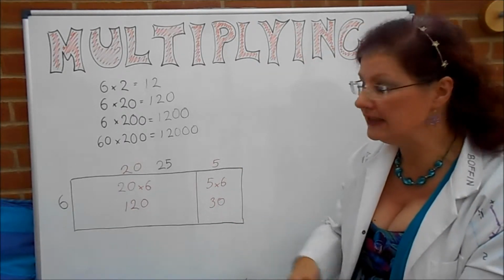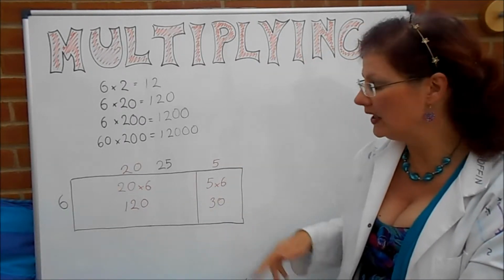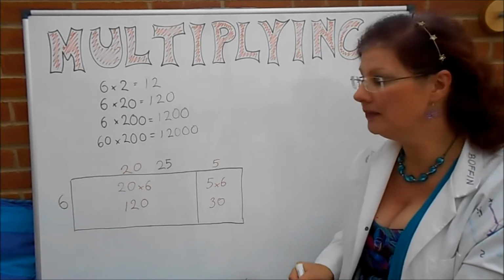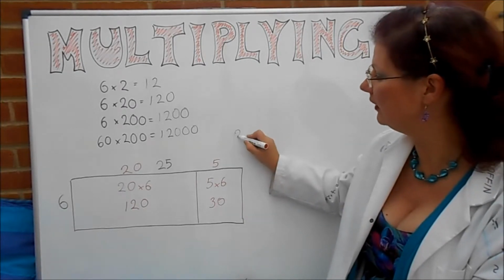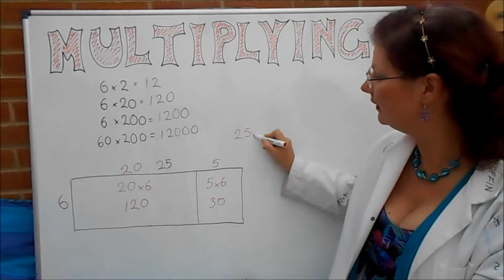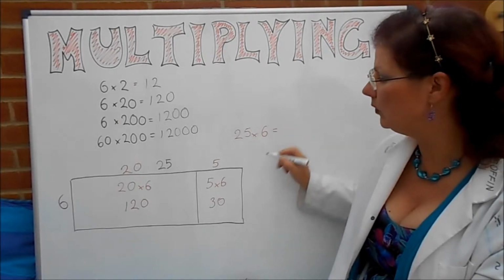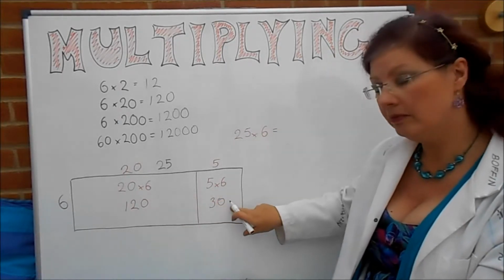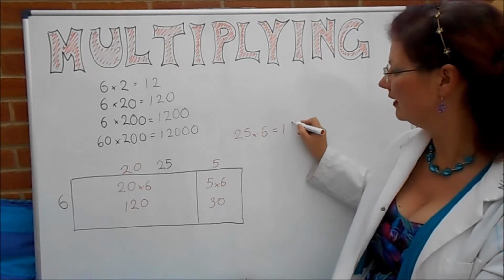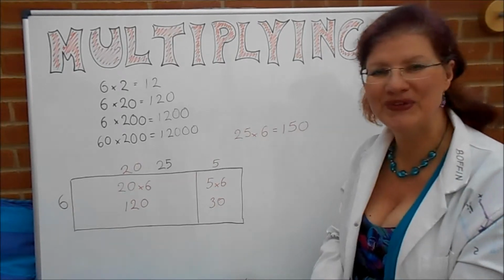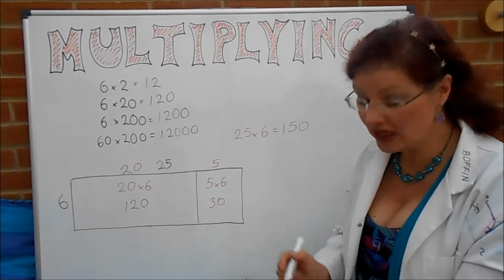And now it's dead easy. That bit is 120, that bit is 30. So that means that altogether 25 times 6 equals 120 plus 30, 150.